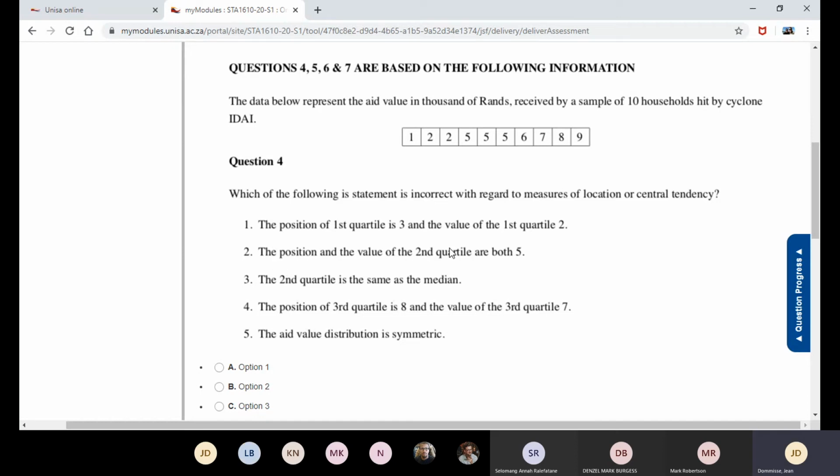Position and value, see, position and value. The value stays 5, because when you have an even number like this, you add those 2 5s, it's 10, and you divide it by 2, and it gives you 5. Remember it will be n plus 1 divided by 2. That's the tricky one, but I would still have said that is correct. Okay.